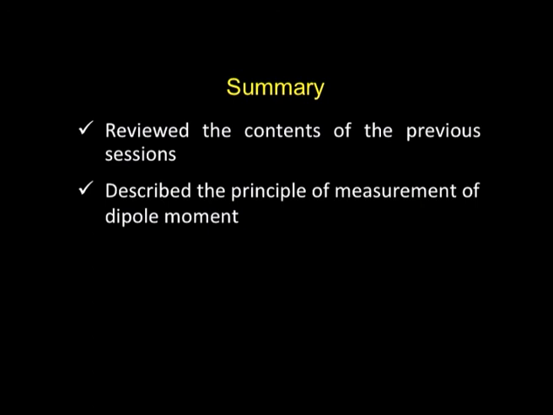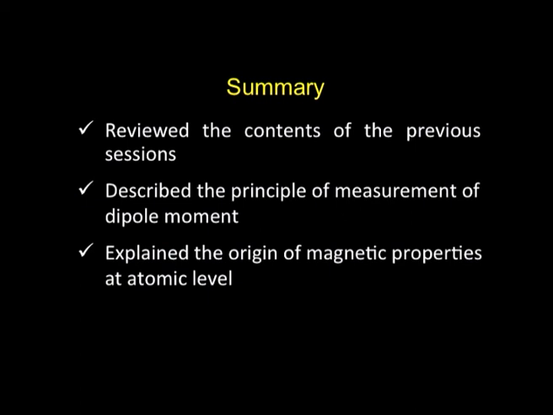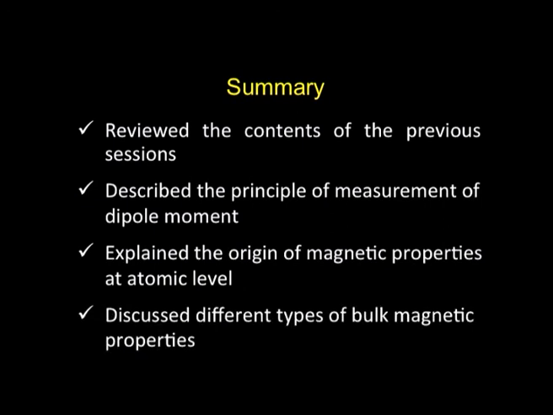Having done that, we moved on to explaining the origin of magnetic properties of materials at the atomic level, where we talked about the orbital motion of the electron and the electron spin. And then we discussed different types of bulk magnetic properties like diamagnetism, paramagnetism, ferromagnetism, ferrimagnetism and antiferromagnetism.